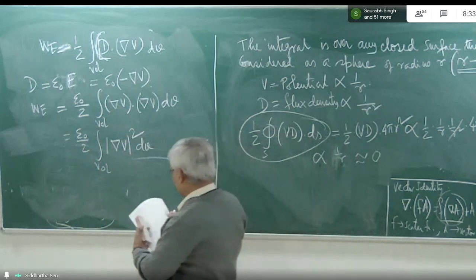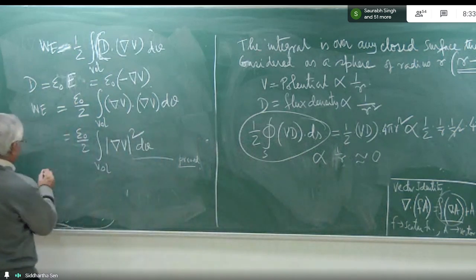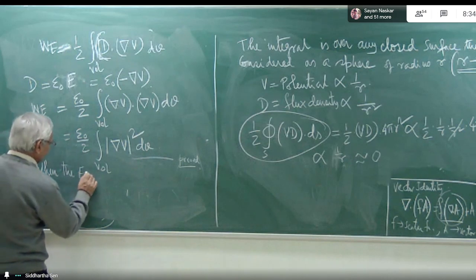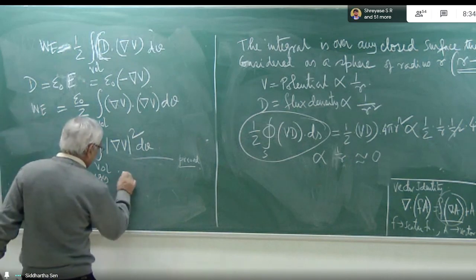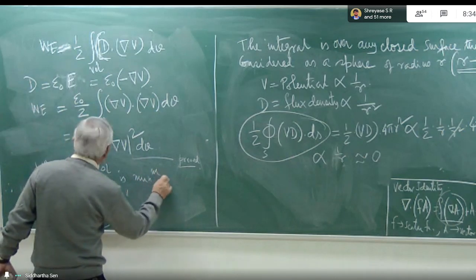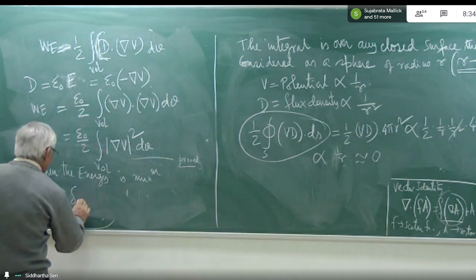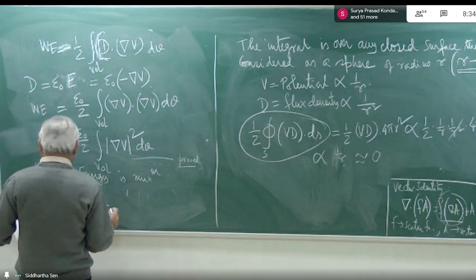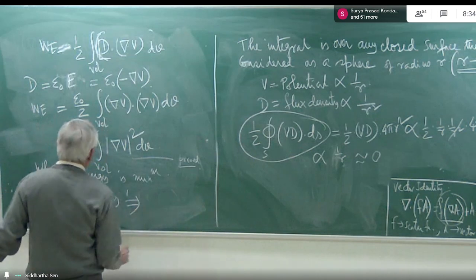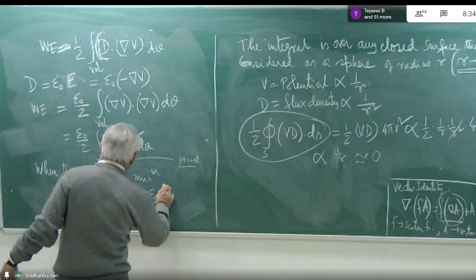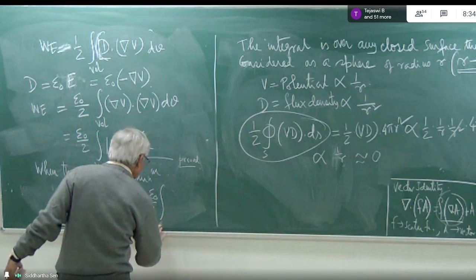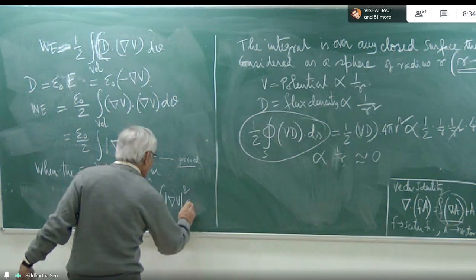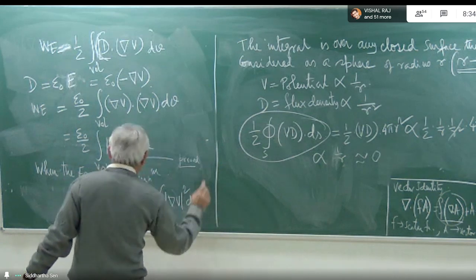So what we can say is that when the energy is minimum, we have delta WE equal to 0. That means we will have to say that epsilon 0 by 2 volume integral of mod nabla V square into dV is equal to 0.